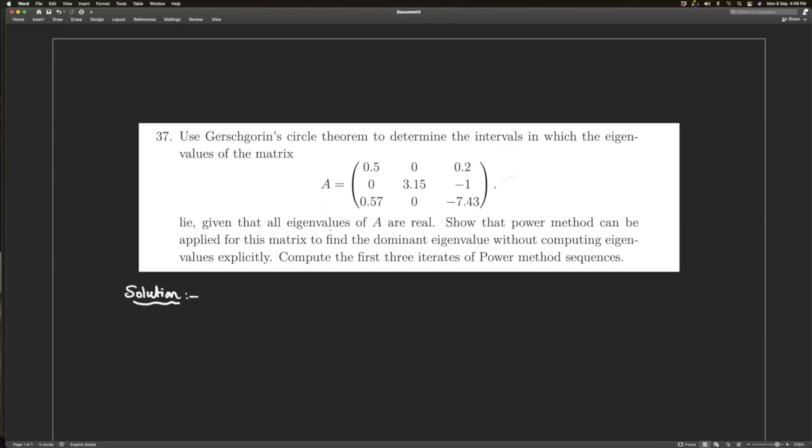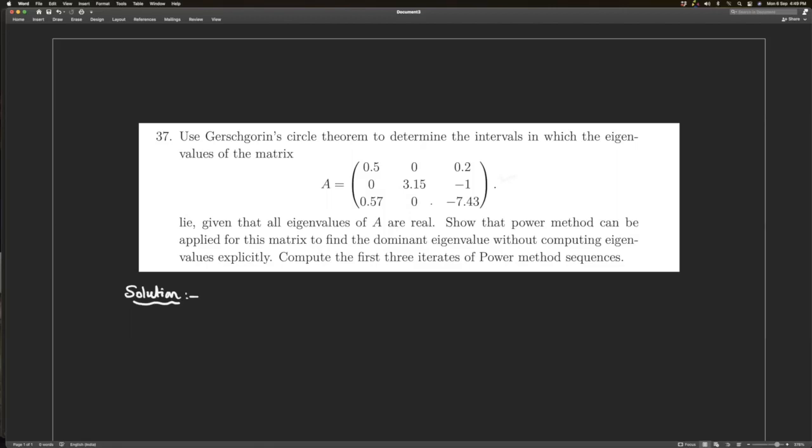That is, without computing eigenvalues explicitly and seeing whether all the hypotheses of the theorem are satisfied, you somehow check the hypothesis that the power method sequence does converge to the dominant eigenvalue, provided you choose the correct x naught, right?